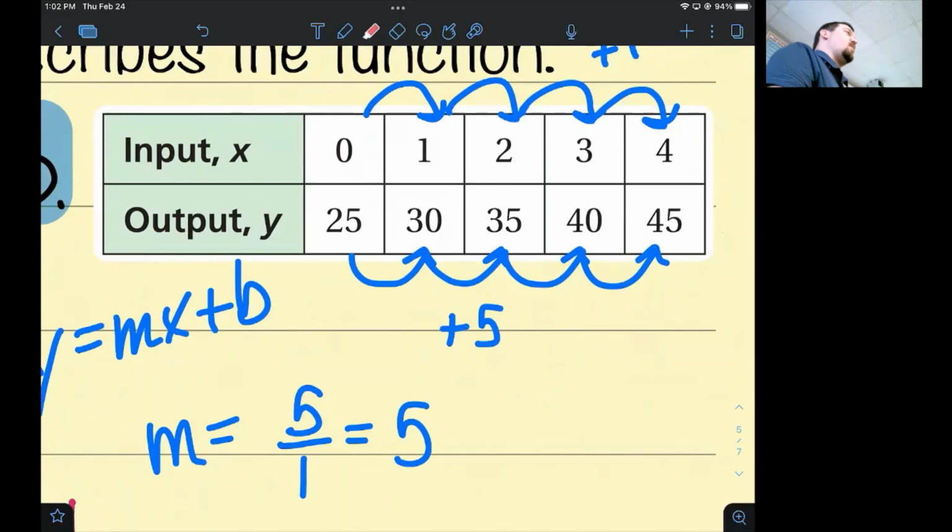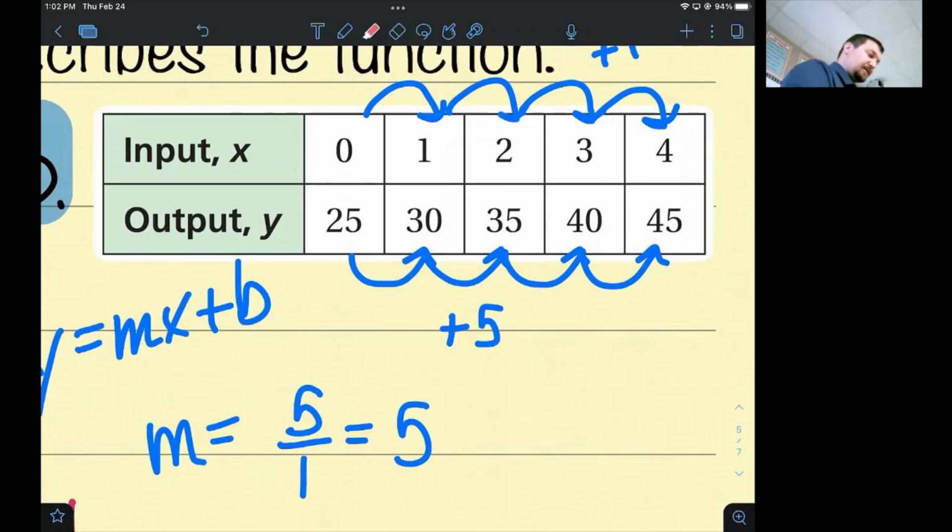Where it crosses the y-axis. Not 4. Sorry, I saw you raising your hand. I thought you were going to ask me a question? No. It's when x equals 0. The y-intercept is the point where it crosses the y-axis.